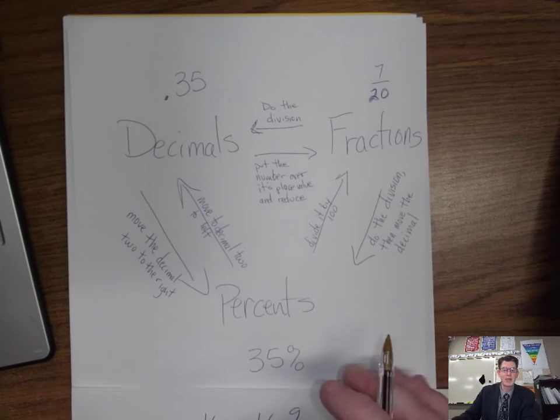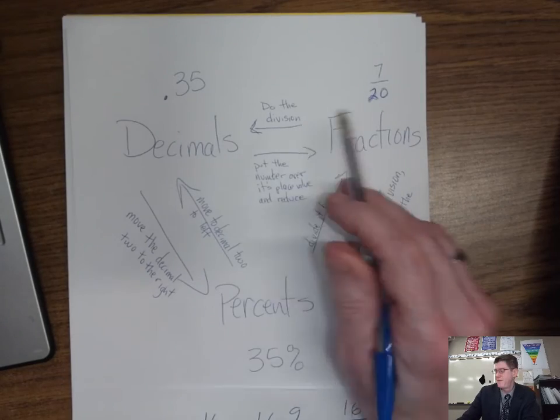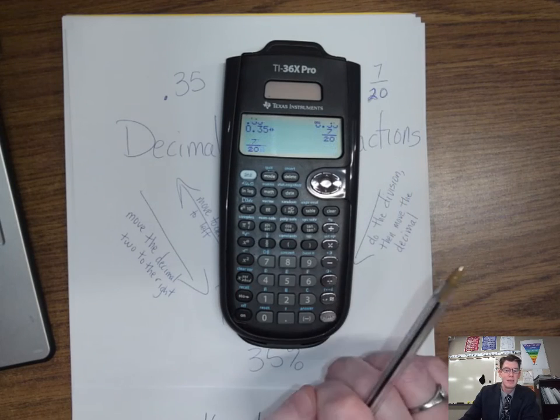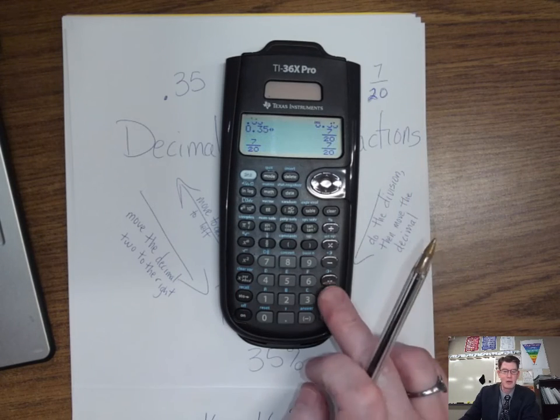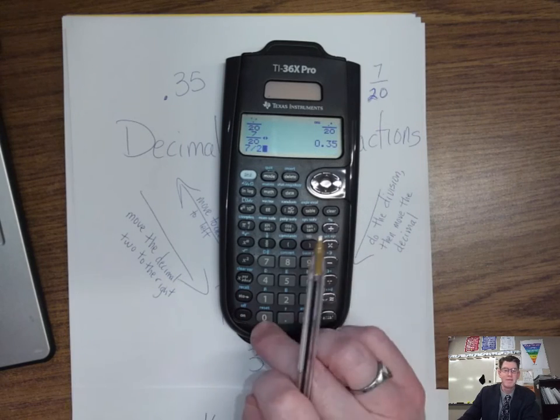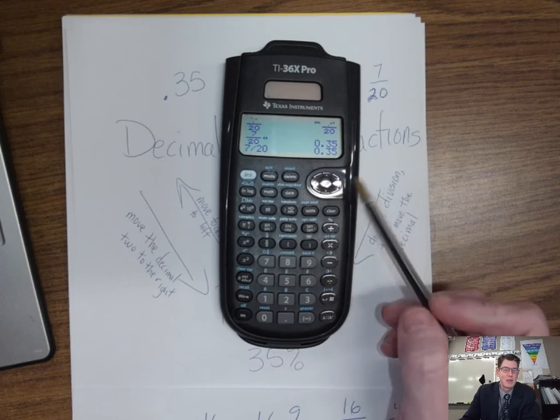Now what about fractions? How do I change fractions to decimals? Well, you just do the division. If I just type 7 over 20 and hit enter, I can push the other button to get it. Or if I do the division, 7 divided by 20, I actually get the decimal.